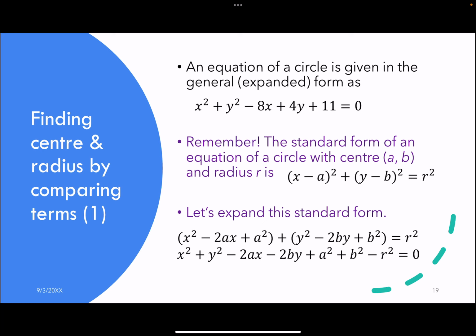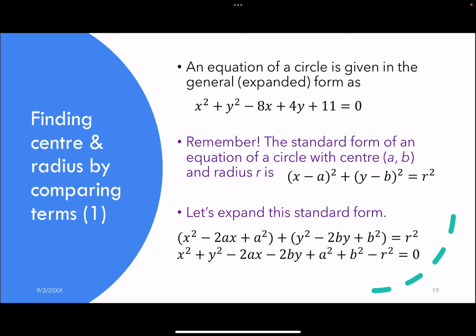Now, if we use this standard form and we expand it, we can have (x minus a) squared expanded to x squared minus 2ax plus a squared. This is just a normal quadratic expansion. We also have (y minus b) squared as y squared minus 2by plus b squared, and we equate it to r squared.